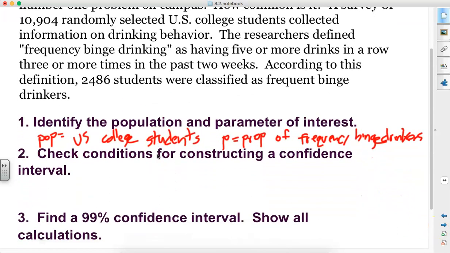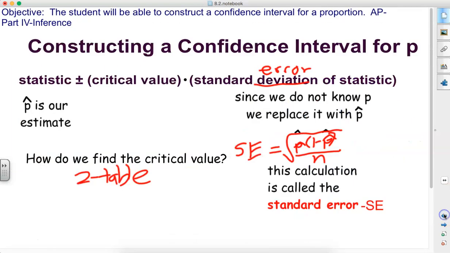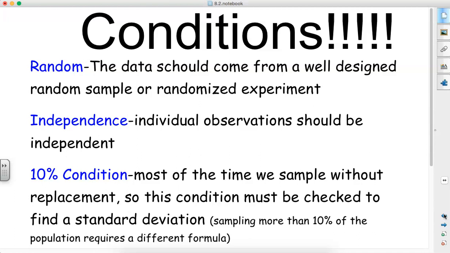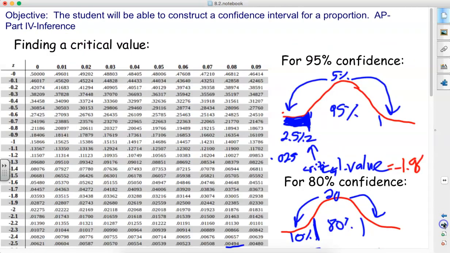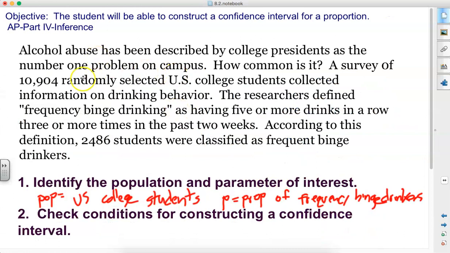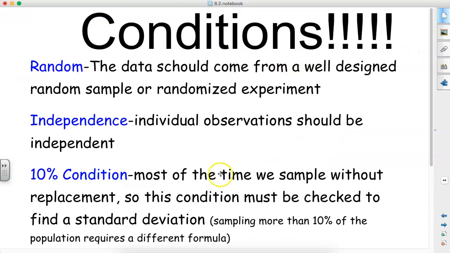All right, check conditions for constructing a confidence interval. If we go back and look at the conditions we've got to meet, first, random. The data should come from a well-designed random sample. It says it was randomly selected, so yep, it is random. Next, is it independent? It should be.